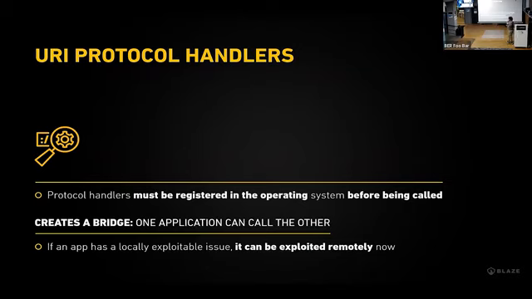If an application has a locally exploitable issue, and you think it's only exploitable locally, you can actually call it from the browser, in the context we're talking about here. This means it can become exploitable remotely because of this bridge that it creates. And because of that, obviously, it makes things a whole lot more interesting.